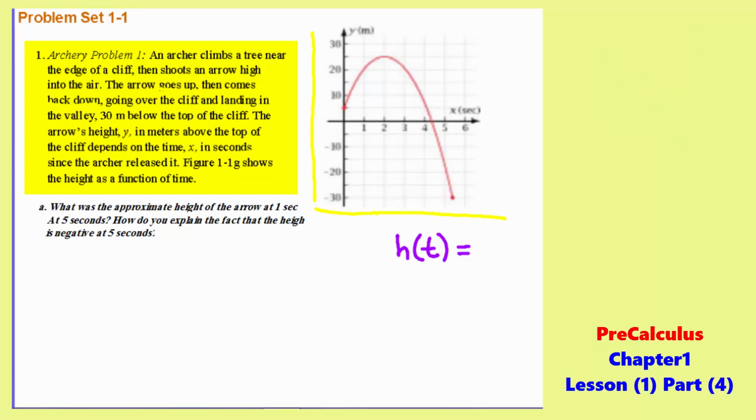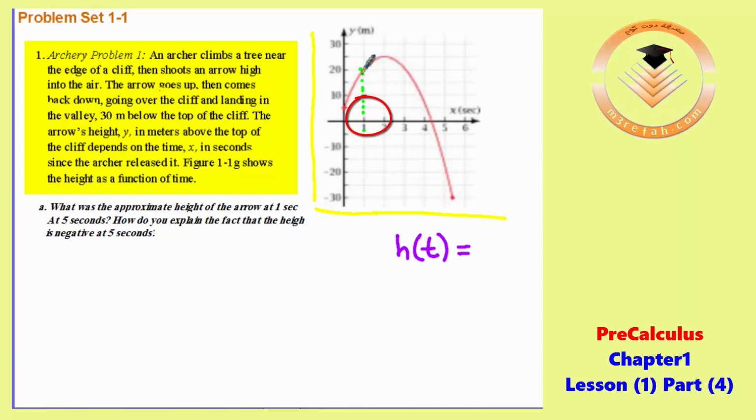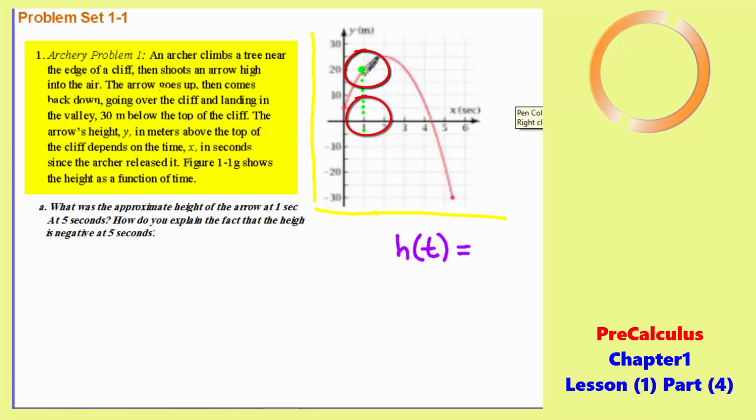At 1 second, we're going to look at the point wherein there is 1 second. This one is the 1 second, right? So let us just draw dots leading to this point. At that point of the graph, what is the approximate value of your height?